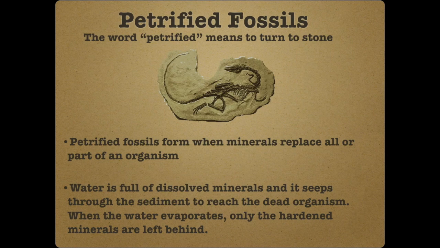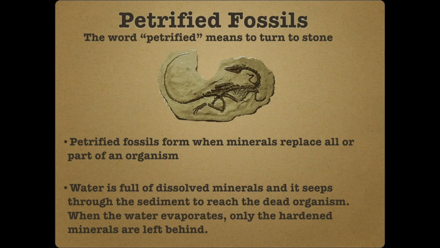So a petrified fossil basically is when minerals replace all the organic parts of the organism. Petrified means to turn to stone. So basically minerals replace the bones. When you see a fossilized dinosaur, they're not actually the bones. It's actually the minerals that replaced or took the spot of the bone.